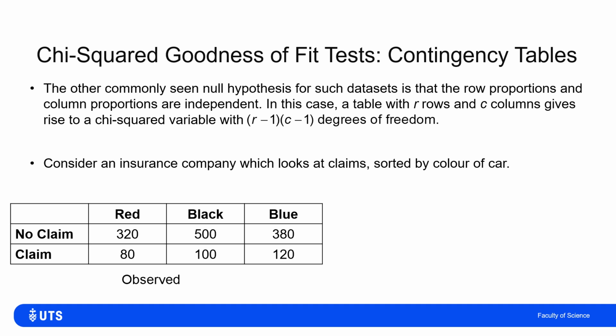So that's what's observed. Now, in this case I'm not hypothesizing the proportions. I'm not saying I think that red cars making no claims will be 20% of the data set, and black cars making a claim will be 10% of the data set. We're not hypothesizing the proportions, but we are hypothesizing a different thing, which is that the colour of the car and the claim status are independent.